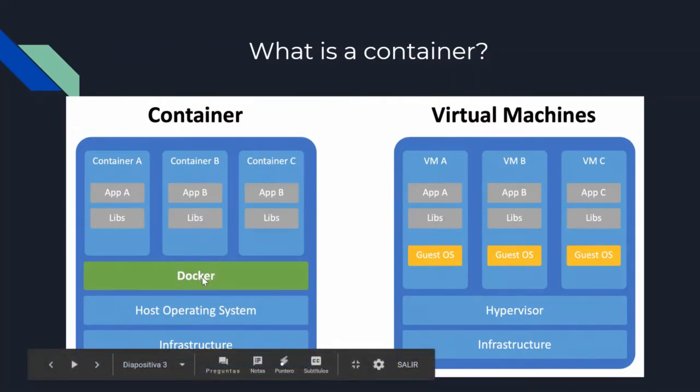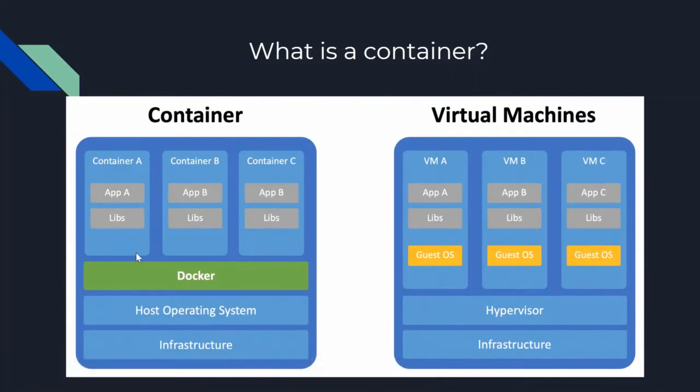In Docker, we can create these namespaces, which are called containers, and we can have the application or the processes inside of this container, which was created from an image. Here we will have all of the libraries, the Nginx, the Apache, all of the services that we need to build the application.